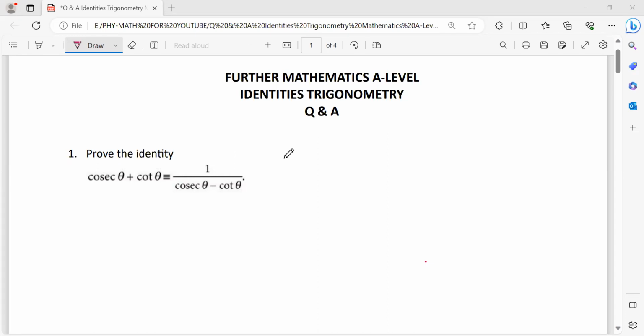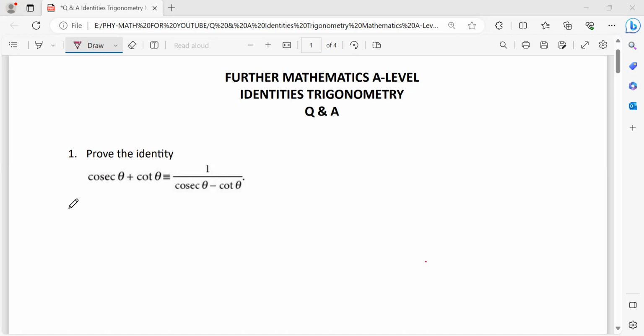Prove the identity cosecant theta plus cotangent theta is equivalent to 1 over cosecant theta minus cotangent theta. To prove this identity, we have to start from another identity. Which identity?